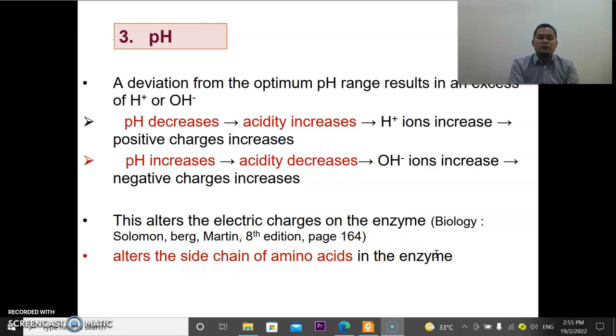That's why apabila berlaku perubahan kepada acidic atau basic properties of enzyme tersebut, dia akan mengganggu tindak balas enzim tersebut kerana active site of the amino acid of the enzyme is altered. Masih ingat lagi tak amino acid? Amino acid kita ada carboxyl group, amino group, hydrogen atom dan side chain. Yang dia akan ganggu adalah side chain.